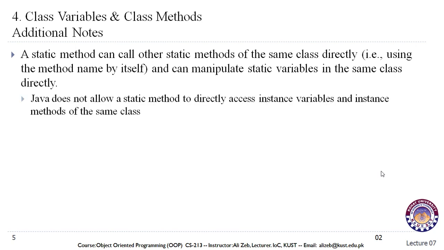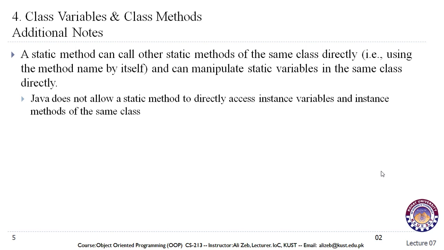Java does not allow a static method to directly access instance variables and instance methods of the same class. We need to remember this point: we cannot access an instance variable, that is, the variable that belongs to an object that is not declared as static in a class.